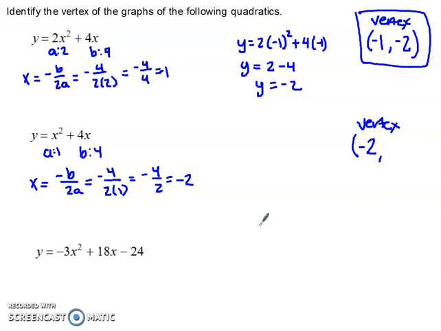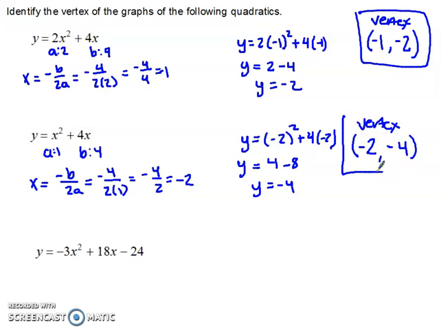To find my y value, I just go back and plug that in. Y equals x squared, so negative 2 squared, plus 4x, or 4 times negative 2. 4 minus 8, y is going to be negative 4. So my vertex is at the point negative 2, negative 4.